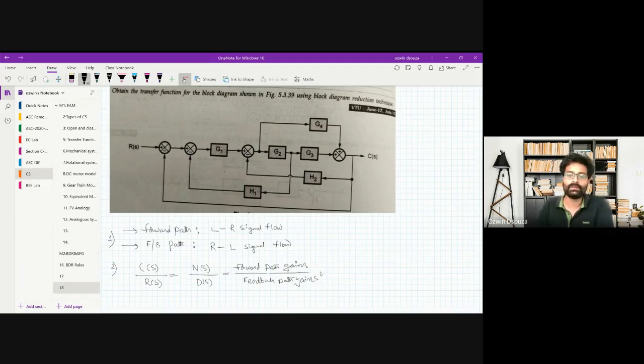So all you have to do is identify the forward path gains and the feedback path gains using the inspection method.